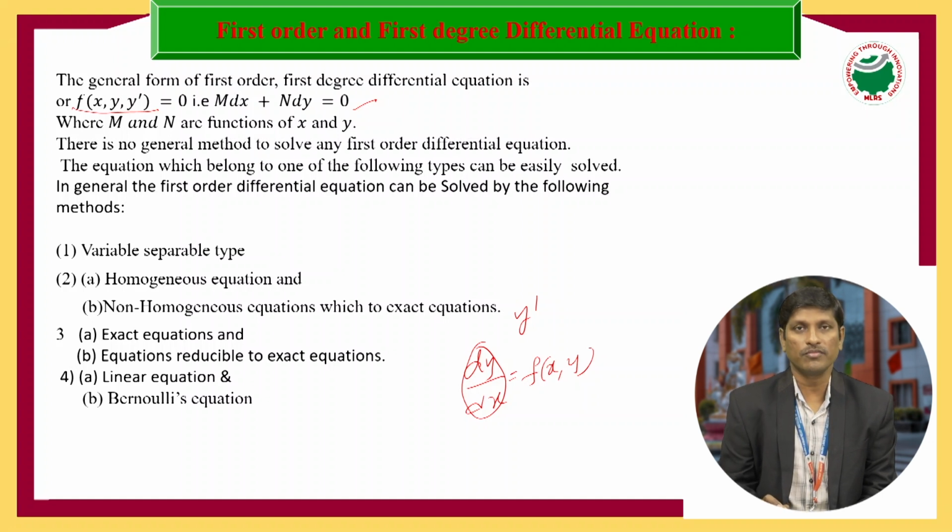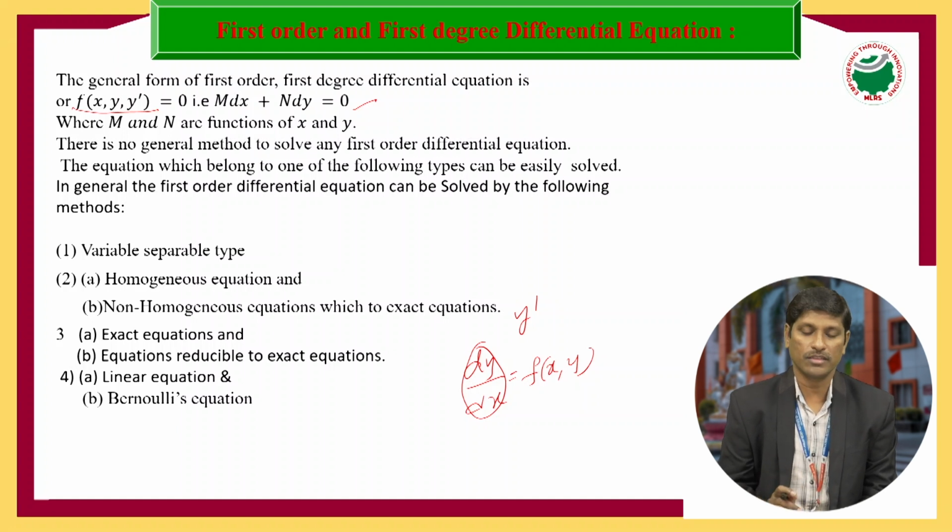There is no general method to solve any first order differential equation. The equations which belong to one of the following types can be easily solved. We can't say that we need to solve it only in one particular way; we have different methods for solving differential equations based on the equation.